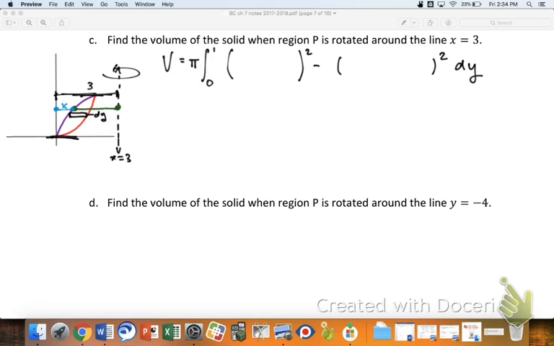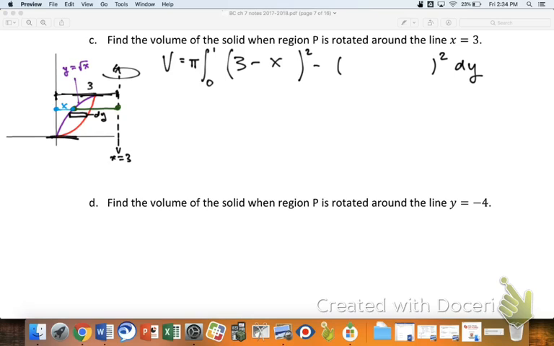Yeah, 3 minus x. So I could come up here and put 3 minus x, but hopefully I would very quickly realize that that's not an acceptable form because it's got to be in terms of y. Well, for that purple function, what does x equal? I think it's y squared, isn't it? The purple function right there is y equals root x.